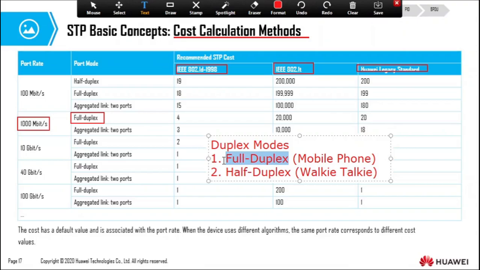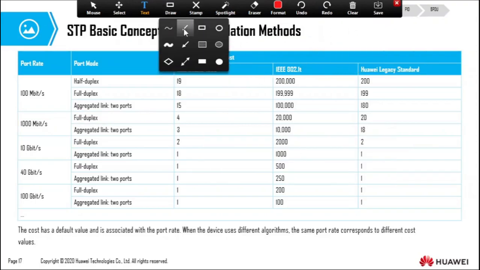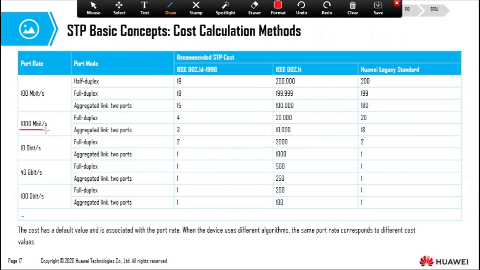For example, on an Ethernet cable, if we have 8 wires, then maybe 4 are dedicated to sending while 4 are dedicated to receiving. That's the main difference between full duplex and half duplex, being able to send and receive simultaneously. So as an example, if we have a 1 gig link transmitting at full duplex, using this standard, the cost for that link is going to be 4.